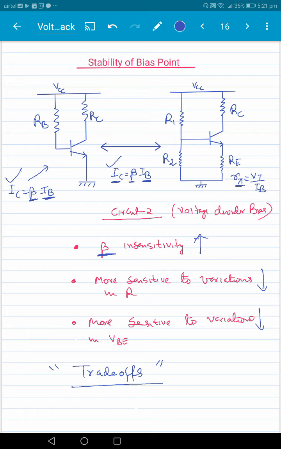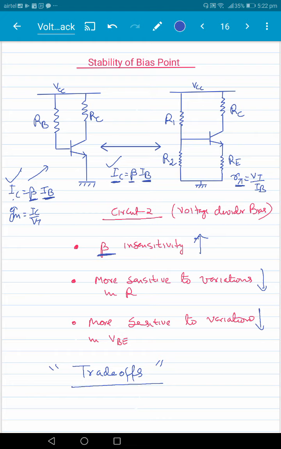So as beta changes, R pi will change. While in the first case, when IB was fixed, IC was changing, and gm is IC by Vt, right? And gain and everything depends on gm here.